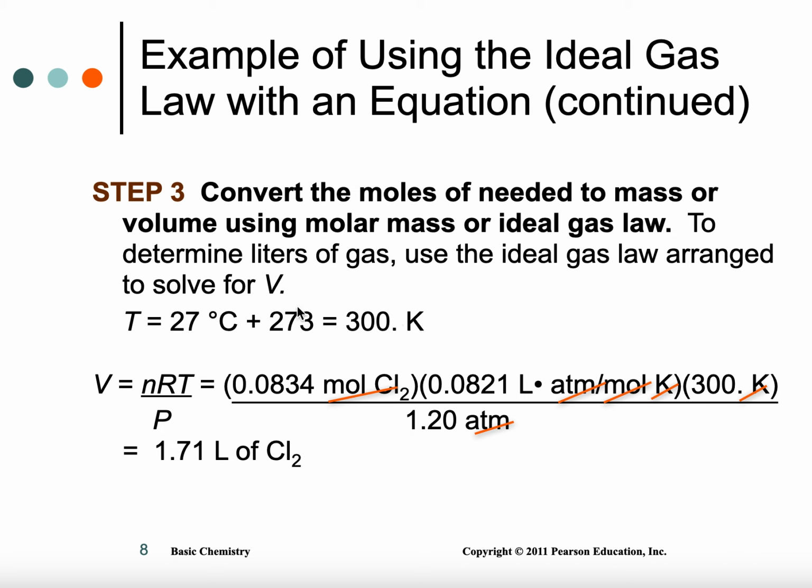Everything else has to go up, so this has to be in Kelvin, so I add 273 to get it in Kelvin, and I'm solving for V, putting everything together, okay. Notice that it was atmospheres, so that's going to give me the 0.0821 R. Fill everything else, and I'll have liters. So what they've done is you need to find out however many moles it is, and then fill it into PV equals nRT.